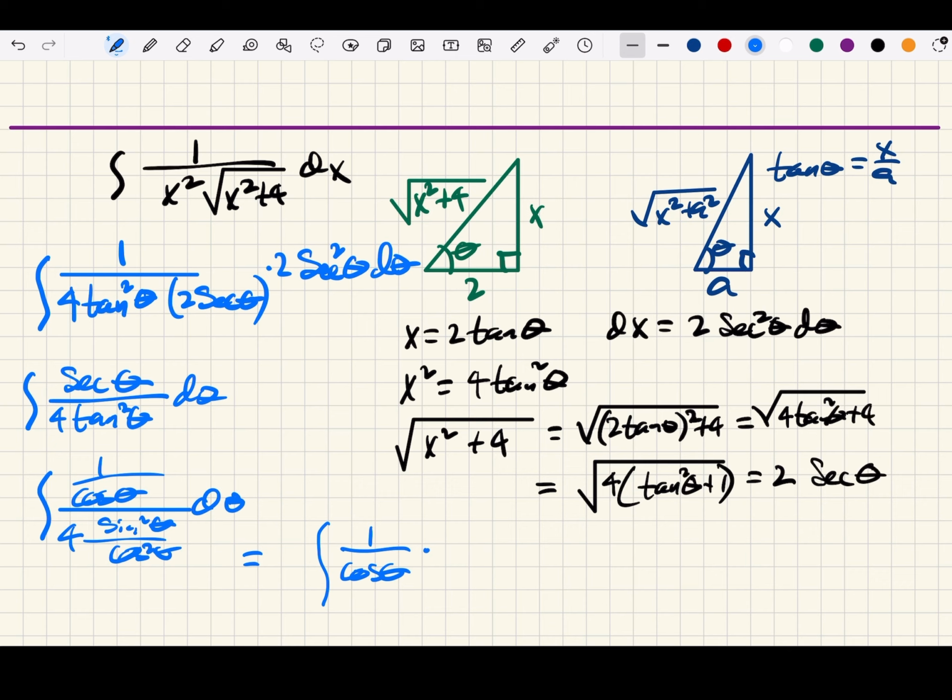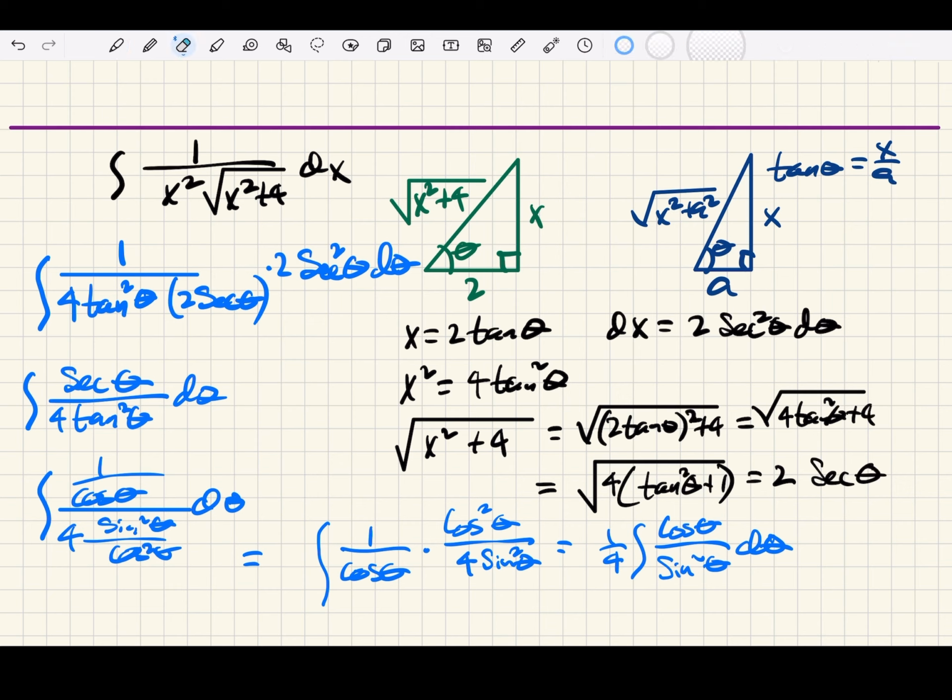So we'll have cosine squared theta over 4 sine squared theta. Is that what you guys got? And then I'll put the 1/4 on the outside, and I'll have a cosine on top and a sine squared on the bottom, right? I think we can work with that.